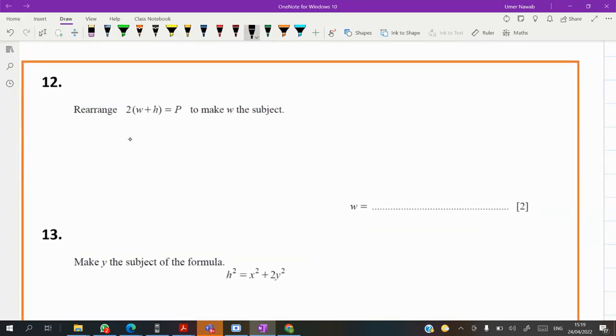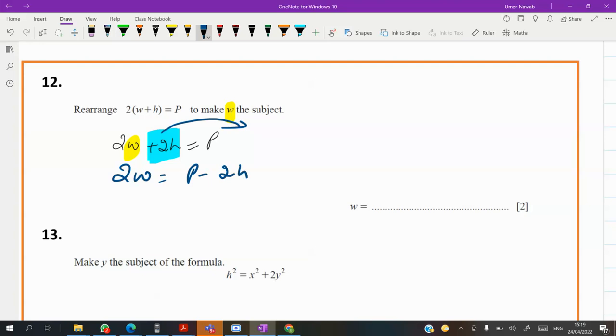Now open the brackets. 2w plus 2h is equal to p, and we want to make w the subject. Send plus 2h to the right-hand side. So 2w is equal to p minus 2h, and then w is equal to p minus 2h over 2.